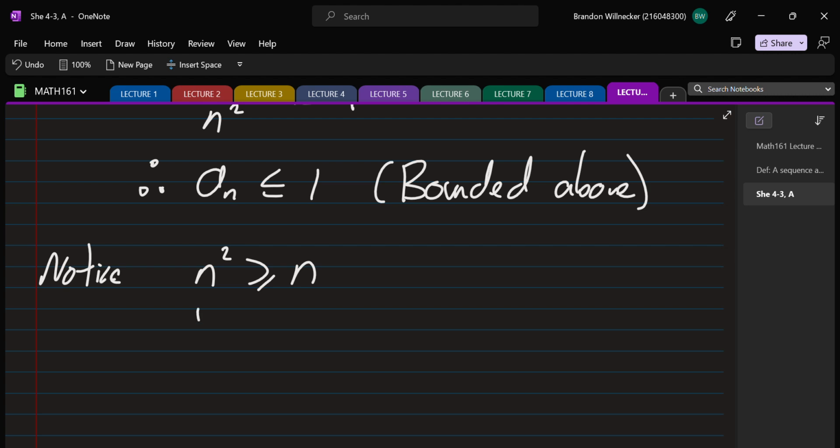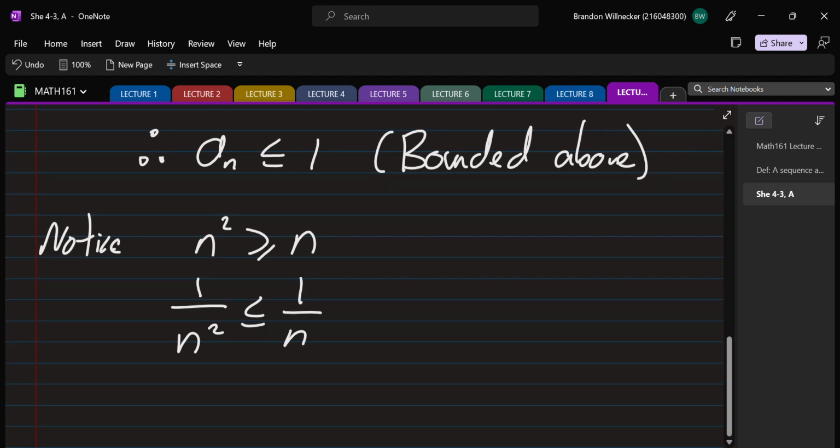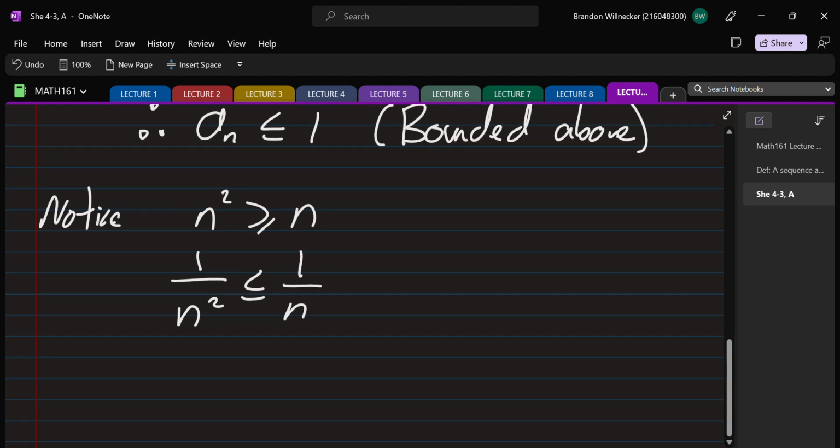Now n squared is in the denominator, so we need to take the reciprocal on both sides. So 1 over n squared is no longer bigger than n, it is less than or equal to 1 over n. Now we can multiply both sides by minus 3n.